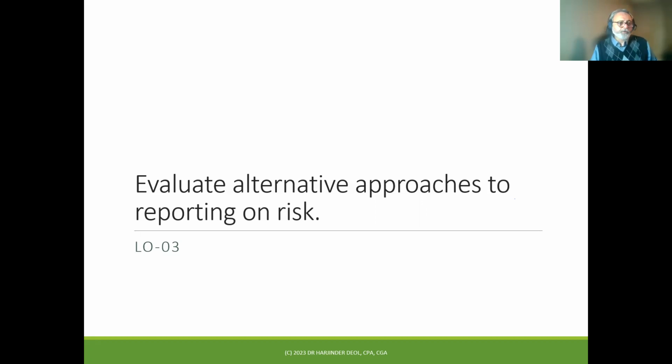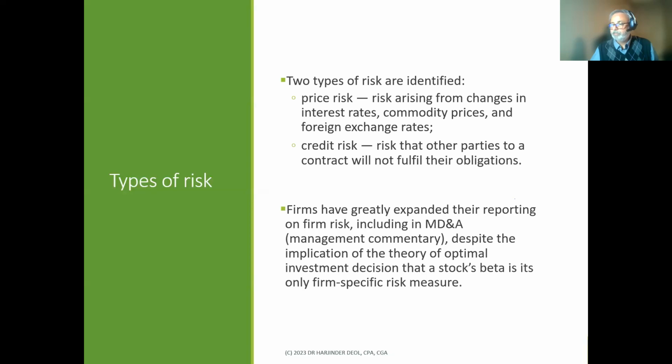So although the Securities and Exchange Commission in the US and the Ontario Securities Commission, for example, in Canada, have their own requirements for companies to talk about risk in the management discussion and analysis, the MD&A section, standards also require discussion of risk. Most of the risk reporting still gets done in the MD&A part.